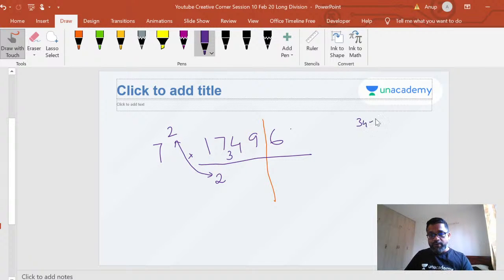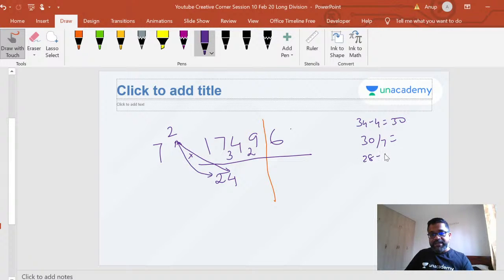Then I take 30 and divide by 7. That's what I do. So 34 minus 2 into 2, 4. 30 divided by 7, I go 4 times with a remainder of 2. My next step is going to be, I'm going to multiply 2 into 4.